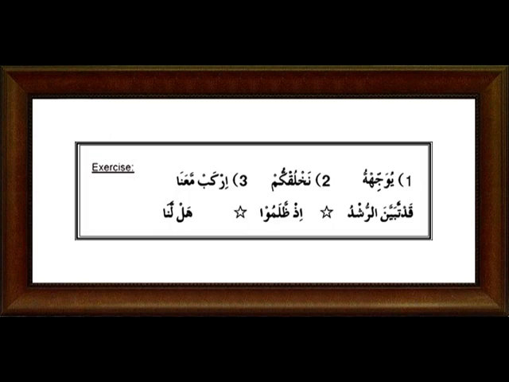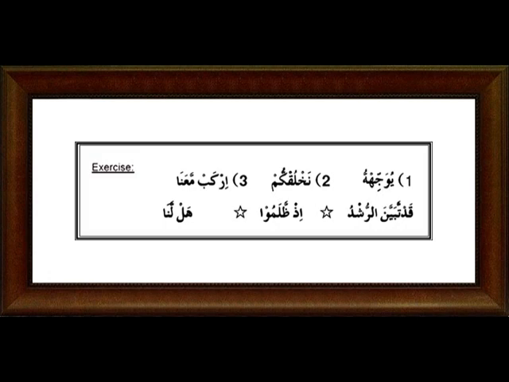Now we skip the zal and only pronounce the dha, which means that the alif with the kasra will be joined over to the dha, and the zal will not be pronounced at all. So this will be read as إِذْ ظَلَمُوا, إِذْ ظَلَمُوا.